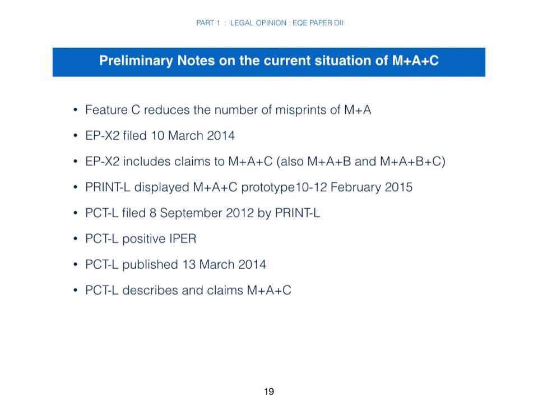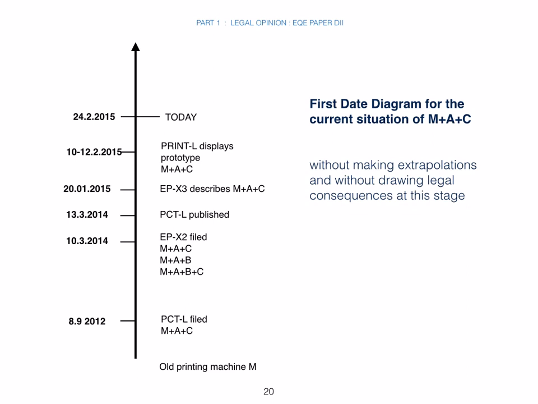All that is not in time perspective yet. We need to set up a date diagram. So here we have the first date diagram for the current situation of M plus A plus C. In date order, we have the old printing machine as the prior art.